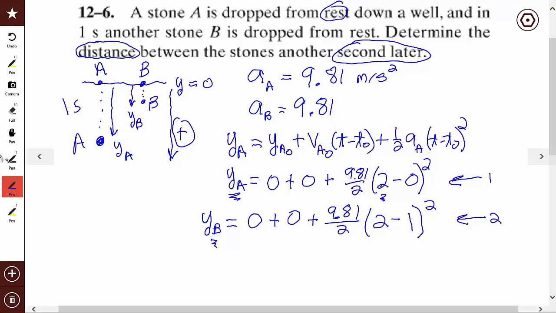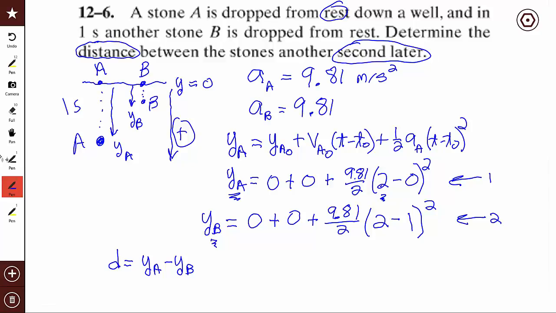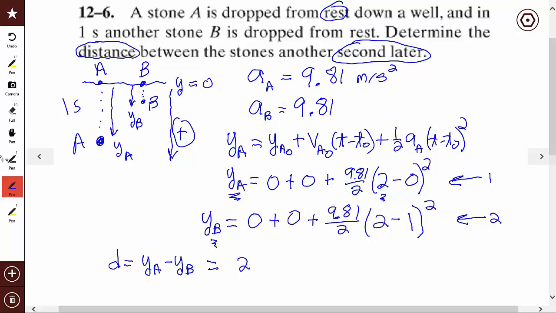So for the distance between them, all I have to do is say the distance between them is equal to wherever A is, minus B. So you can use your calculator and get these values. That would be, let's see, 9.81 divided by 2 times 2 squared, which would be 2 times 9.81.